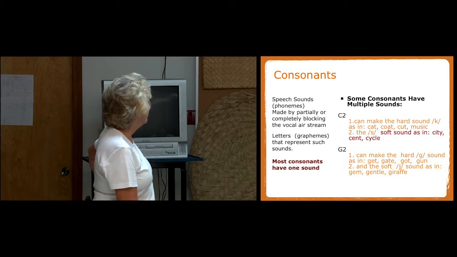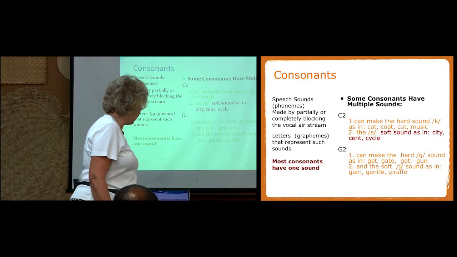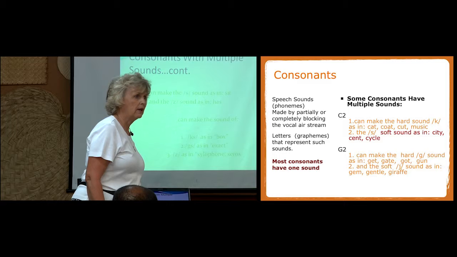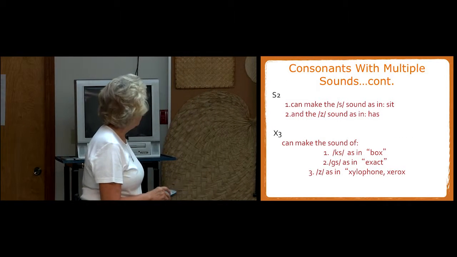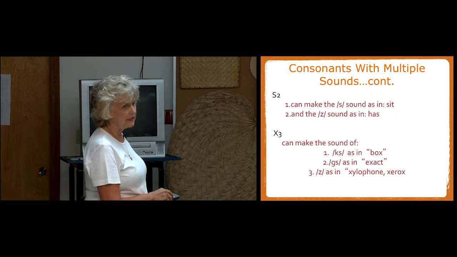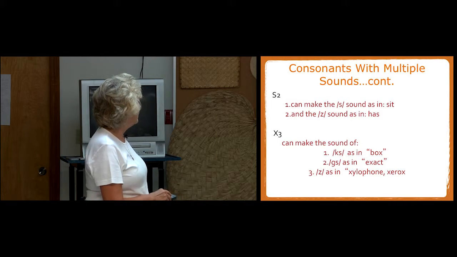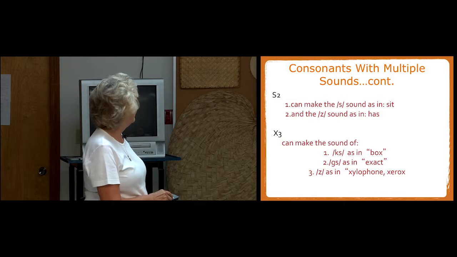But the good thing about it is most consonants have one sound, but there's a lot of them that have more than one. And here's some more. S can make the sound like in sit, or it can make the Z sound as in has. So it sounds like a Z. Has.